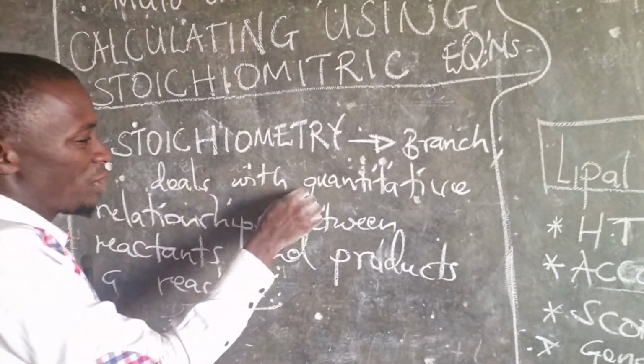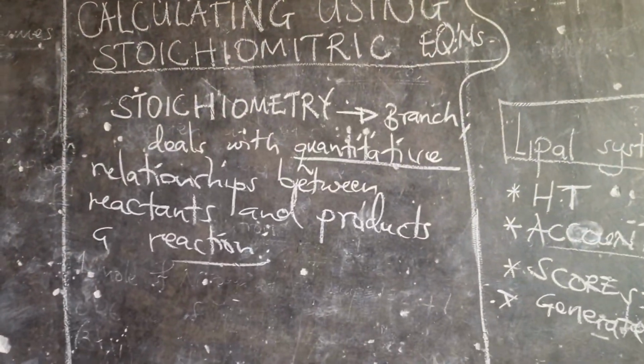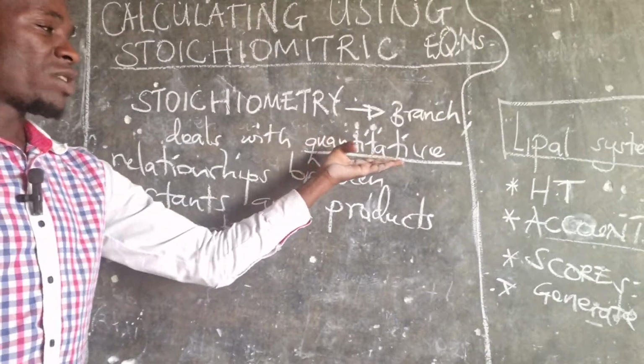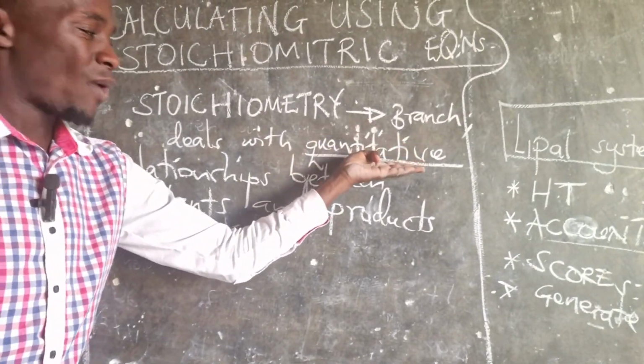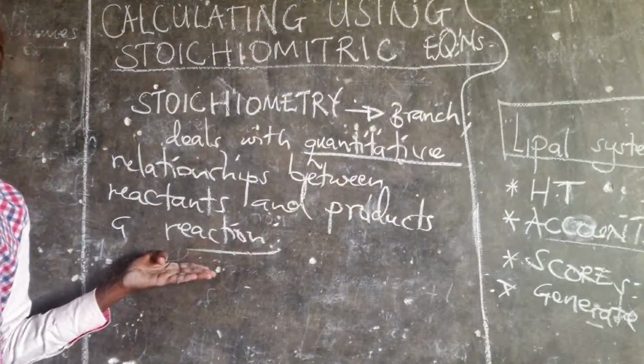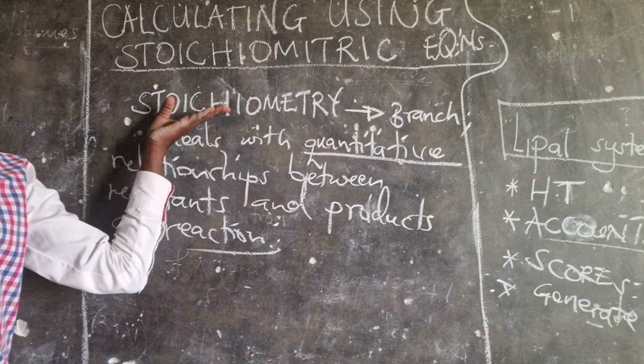We are going to deal with relating quantities. When I say this word quantities, we shall see what it means. We are going to know how to relate quantities of reactants and products in any chemical reaction. It's what we are going to look at in terms of stoichiometry.